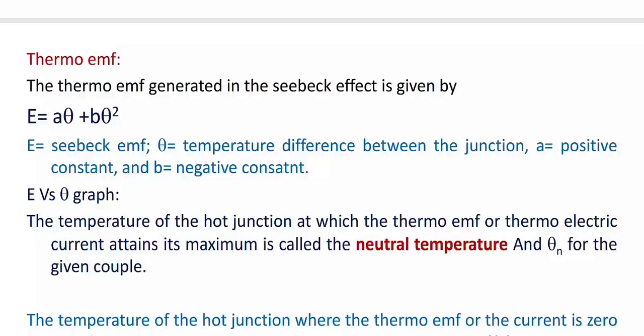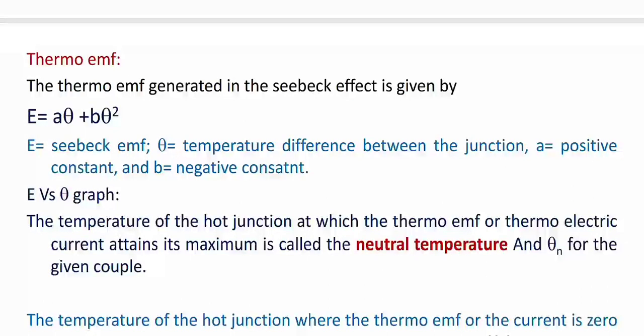Now this is the thermo EMF generated in the thermocouple in the Seebeck effect. The relation between thermo EMF and temperature is E equal to A theta plus B theta square. This is the relation between the thermo EMF generated in the Seebeck effect and the temperature difference. Theta is the temperature difference between cold and hot temperature. That means if the cold temperature is Ti and the hot temperature is Tf, then theta equals Tf minus Ti.